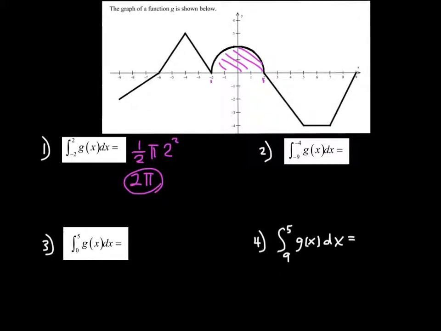Number 2, the integral from -9 to -4. So I'm looking at this and this. Okay, so I can see that those are two triangles, and I can see that one of them, specifically this one here, is dipped below the x-axis, and this one here is above the x-axis. So I'm going to have one negative and one positive that I'm adding together.